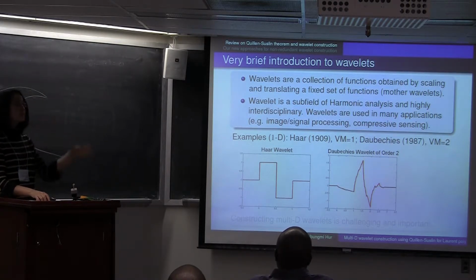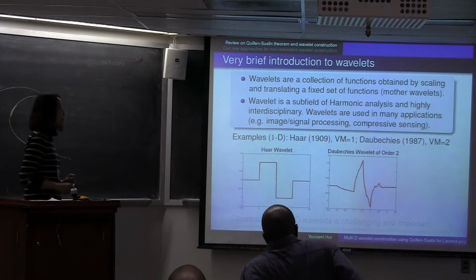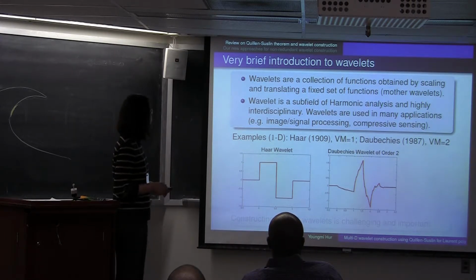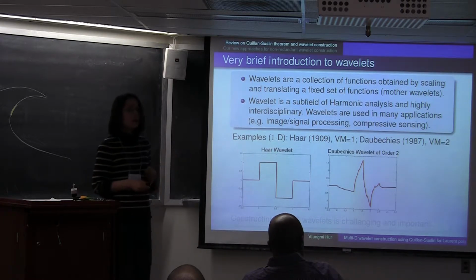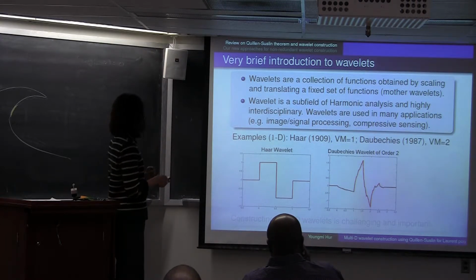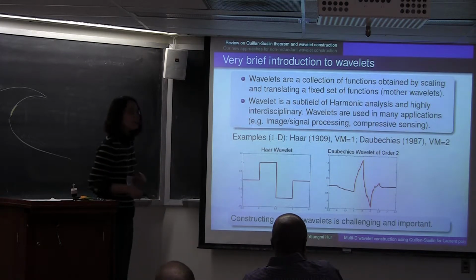But the problems of doing so are also well known. So that's why many people try to come up with non-tensor-based multi-dimensional wavelets and their variants. So curvelets and shearlets, all those things are common in that context.